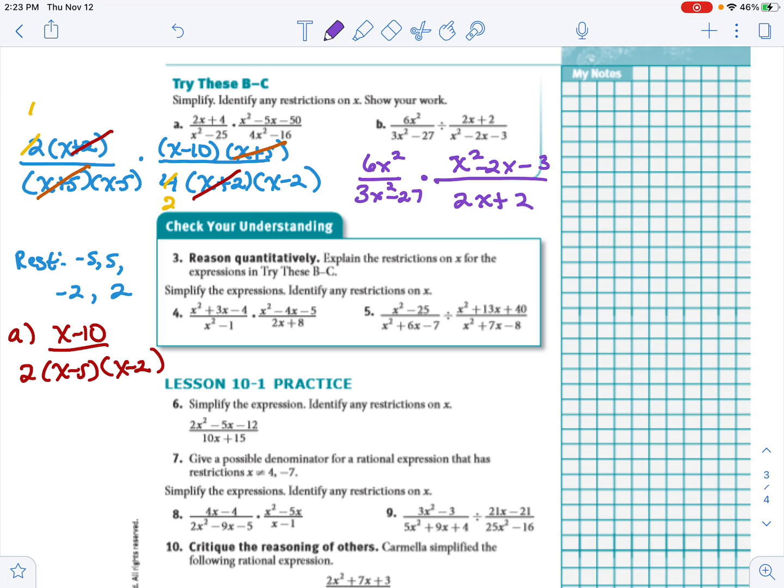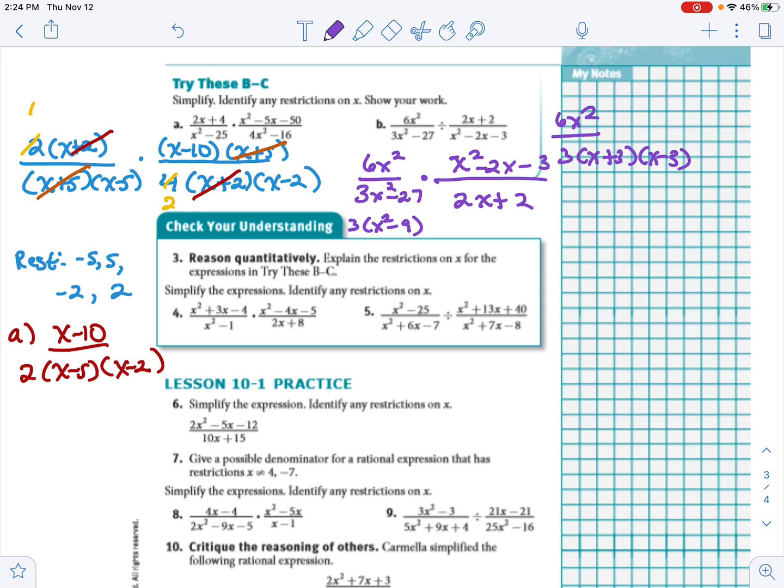And now we're going to do our factoring. And once we have it factored, we can think about our restrictions. Okay, so let's go ahead and we'll write it over here. So I have 6x squared, that stays, and then I'll have 3 times x squared minus 9. So 3 times x squared minus 9 would be 3 times x plus 3 and x minus 3.